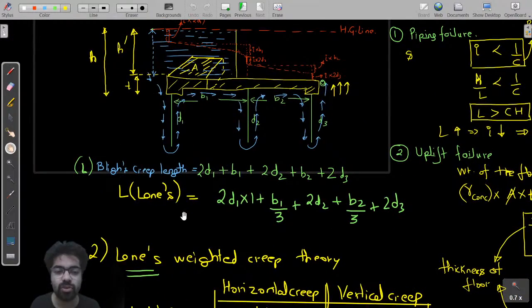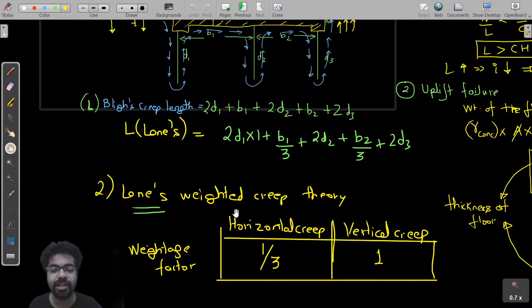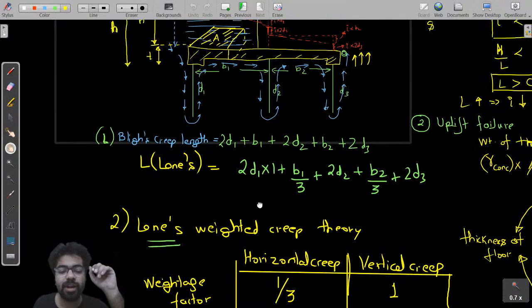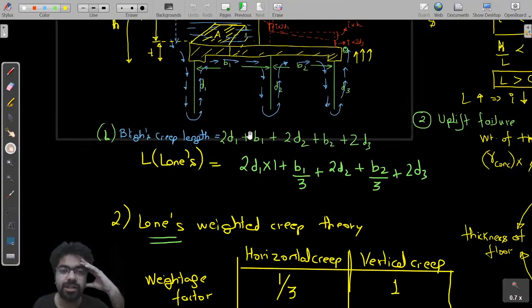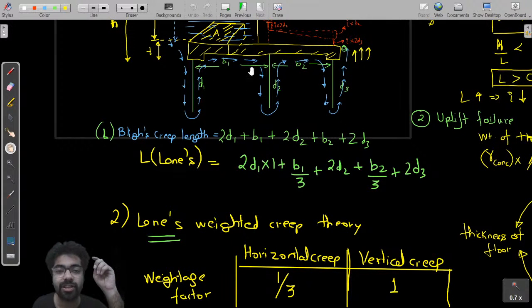And what Lane told: Bligh, you are right that water is creeping, but he added one point. I already told you that this horizontal creep was less effective in counteracting the head. Head loss in horizontal creep is less, and head loss in vertical creep is more.